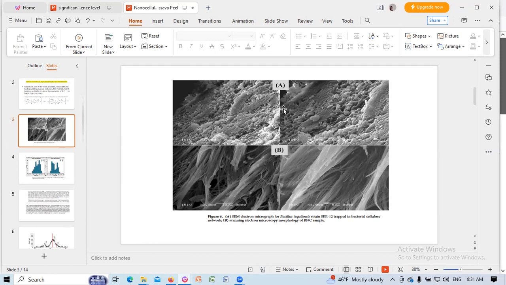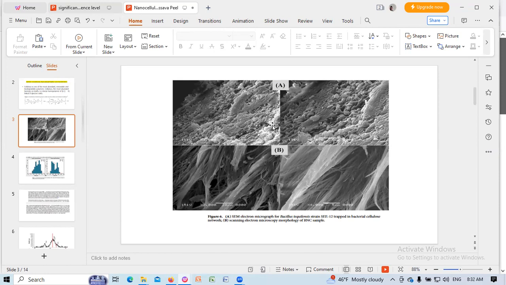In the same study, the bacterial nanocellulose showed a heterogeneous, interconnected network composed of randomly oriented nanocellulose.